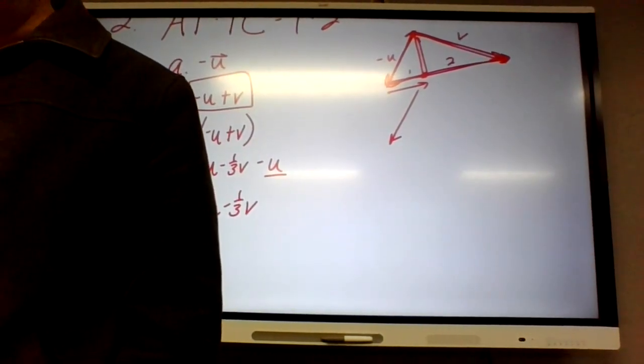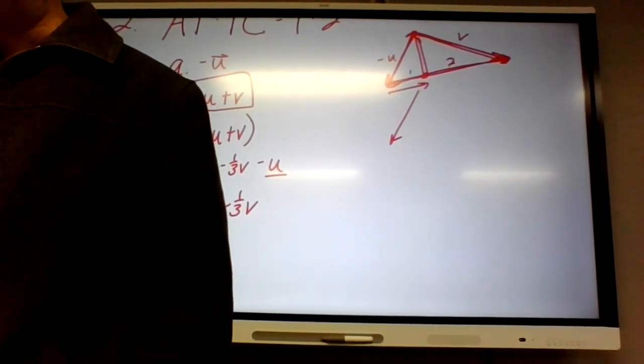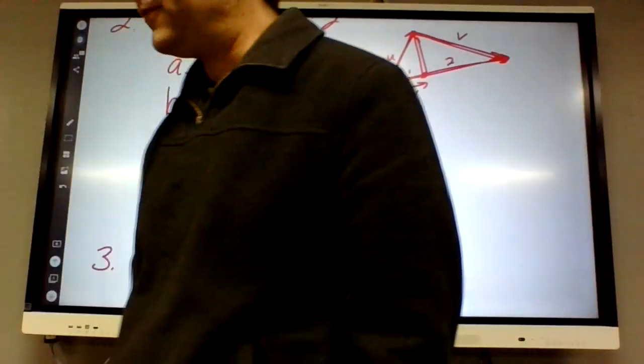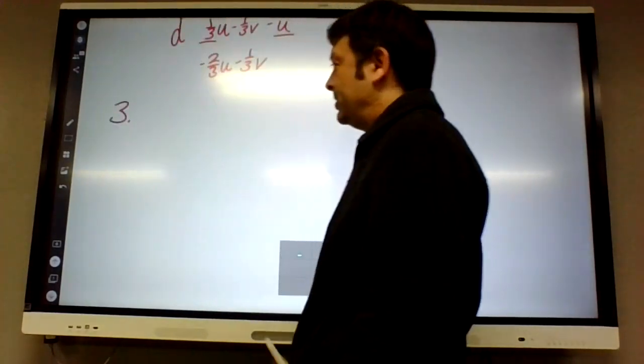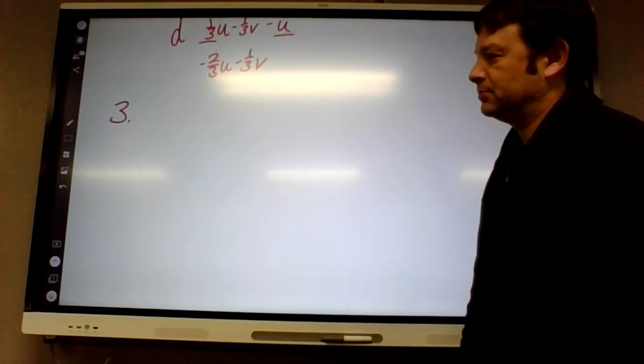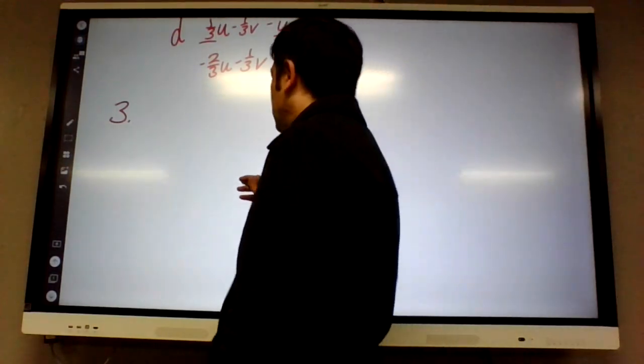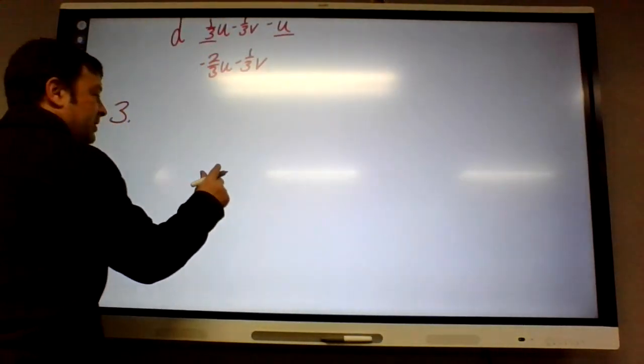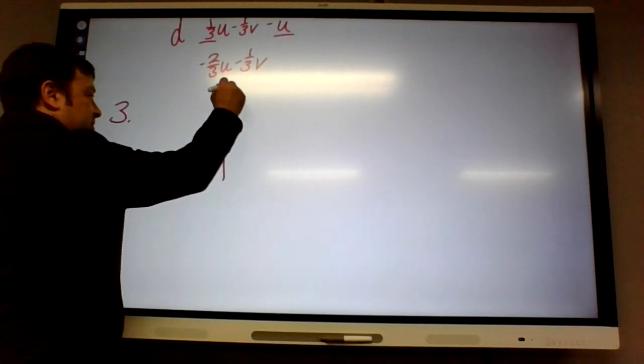All right, number 3. A plane is on a course of 320 degrees at 480 miles an hour. Where is 320 degrees? Almost 360, right? 360 is the same as 0. It's straight up.